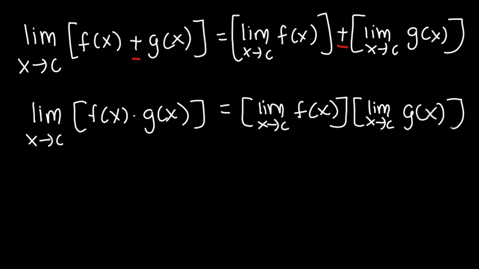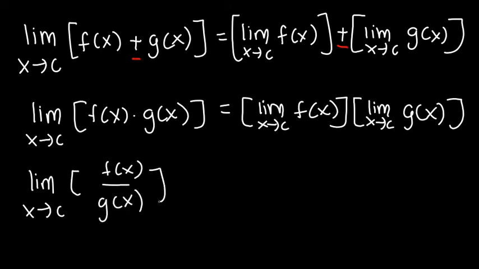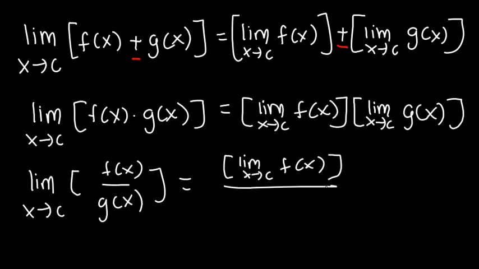So really just straightforward. And for the quotient rule, it's also the same exact thing. If we have the limit as x approaches c of f of x over g of x, this is equal to the limit as x approaches c of f of x over the limit as x approaches c of g of x. So these are the four main rules.